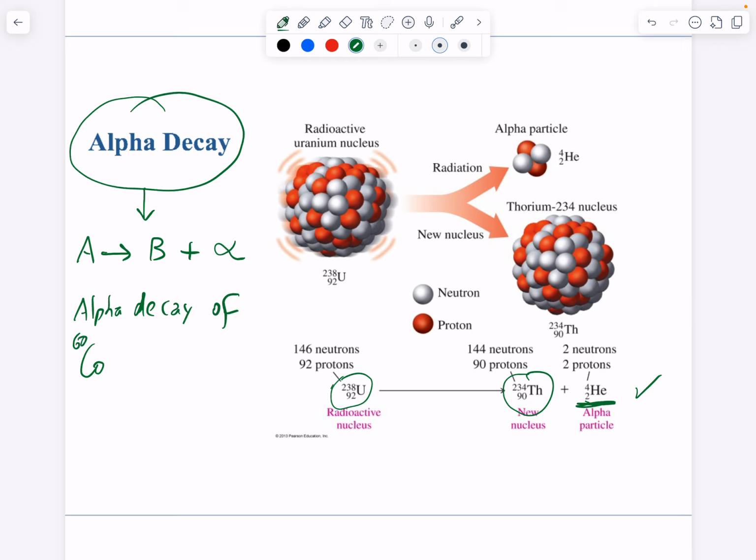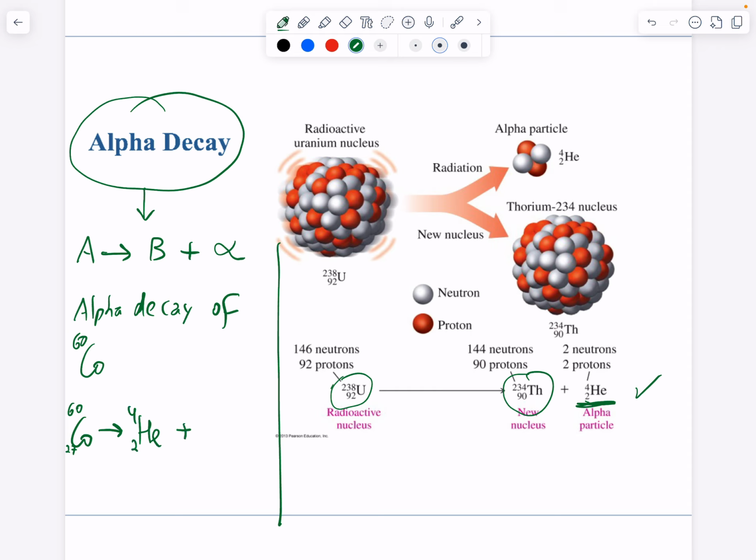That's what I'm going to ask you in the exam. So alpha decomposition means cobalt 60. Look at the periodic table. This value is 27. This is going to decompose into something else, and is going to produce also an alpha. And as you know, alpha is helium 4 2.